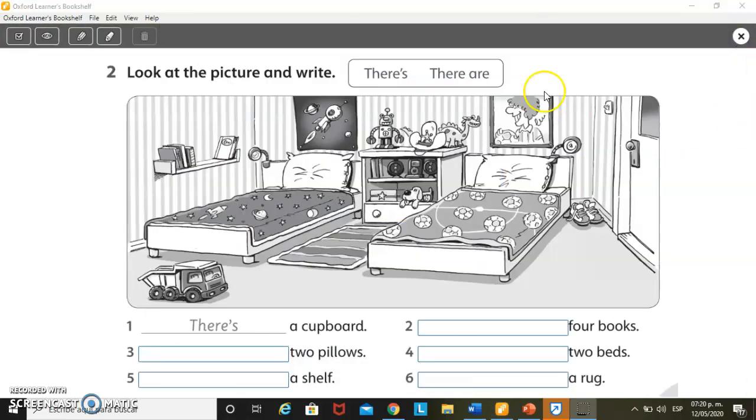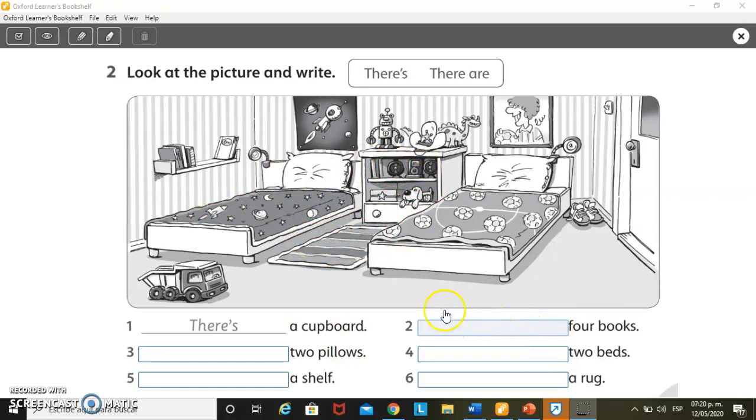Now, in exercise number 2, you have to look at the picture and write the correct answer here. For example, number 1, a cupboard. First, look where is the cupboard, and then you write the correct answer, okay? For example, here, there's a cupboard.